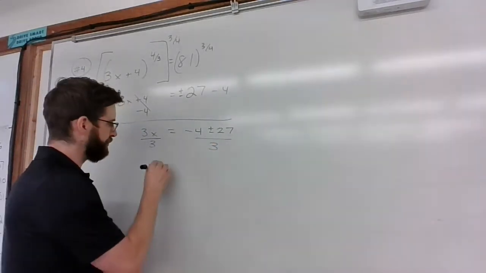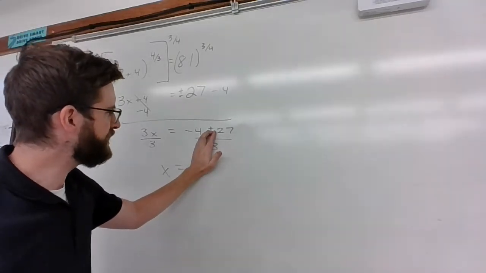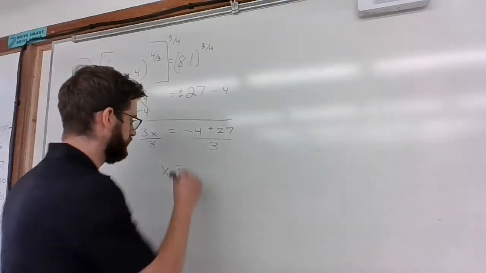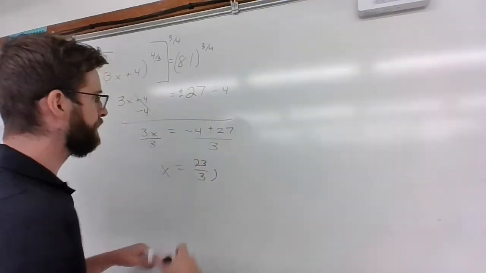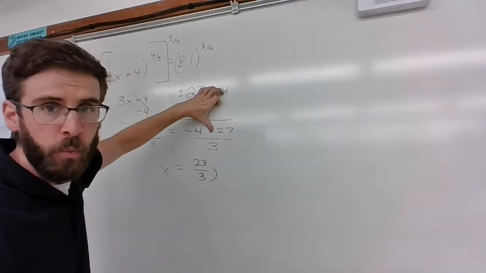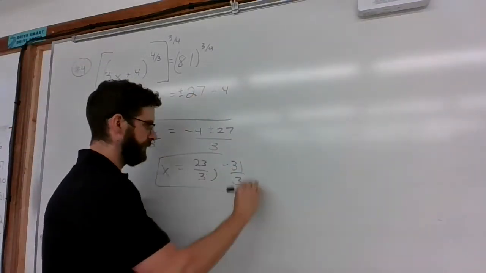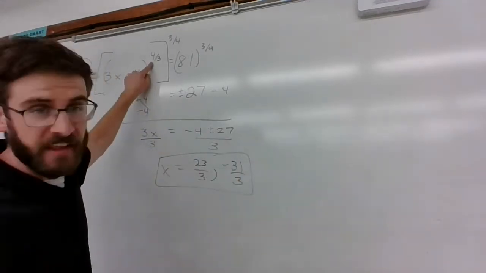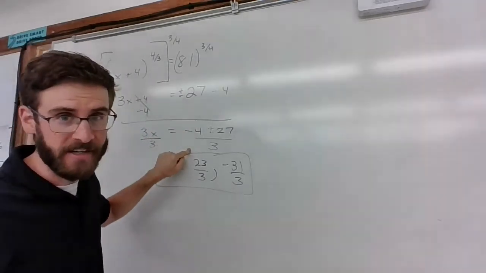So your final answer should be x equals, if I take the positive version of that, it'd be 23/3. The negative version of that would be -31/3. Okay. So if it's even over odd, you get a plus or minus in there.